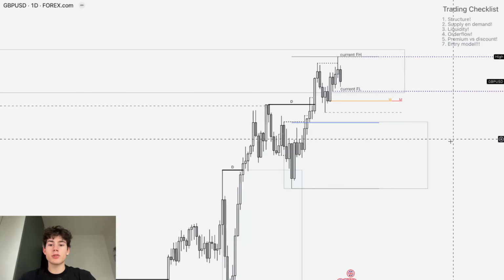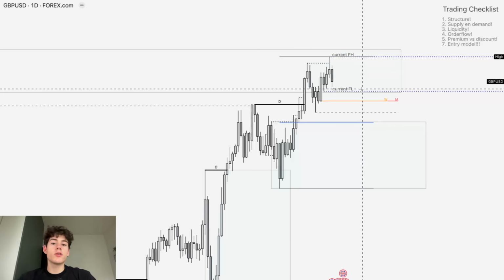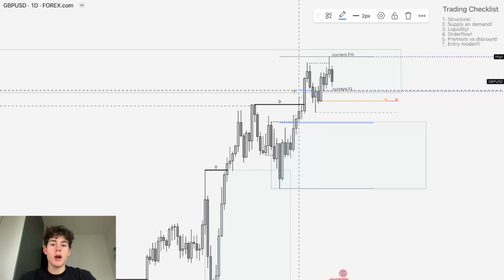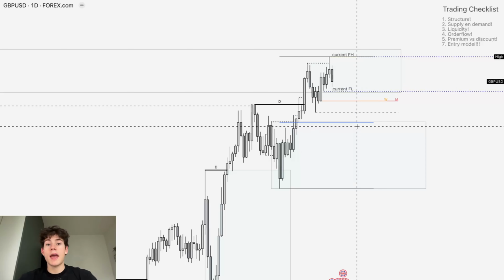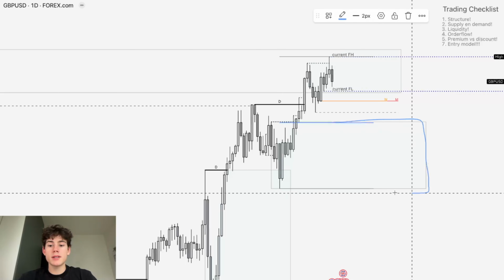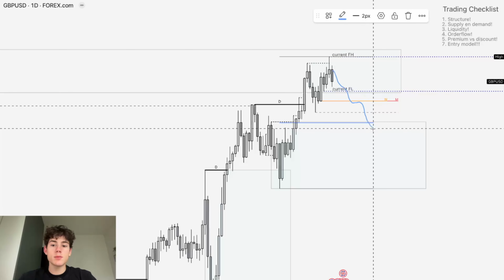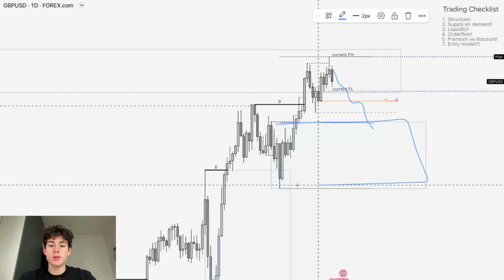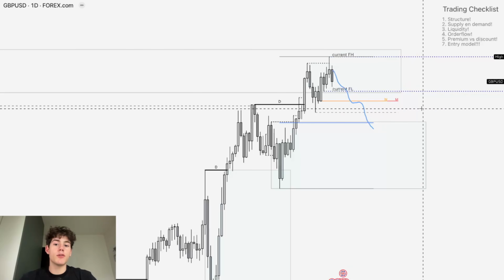So looking at structure again, we are bullish, but what do we know? Like I said before, after a break of structure, we do expect to get a pullback. And to what point do we expect to get a pullback? Well, towards the discount prices now, because in this case we are bullish. So we still need to make a retracement in towards those 50% levels, those discount prices, before we could ultimately move up higher.